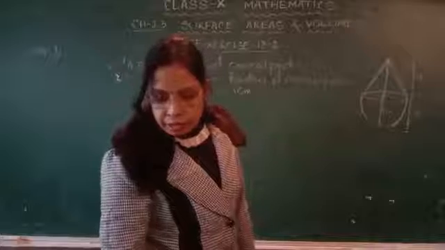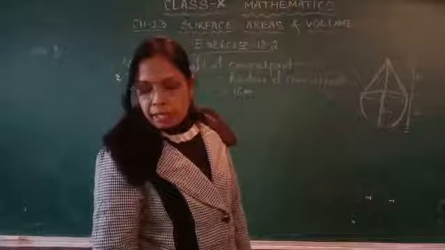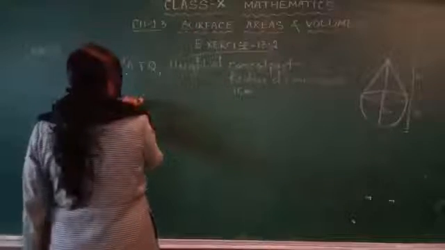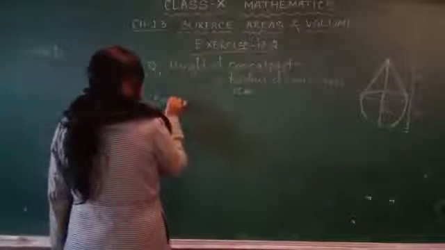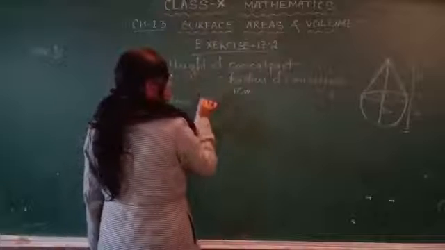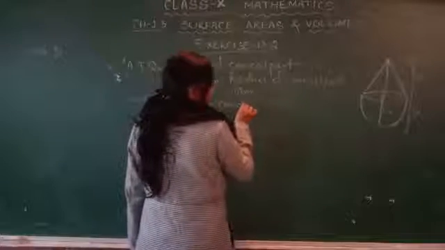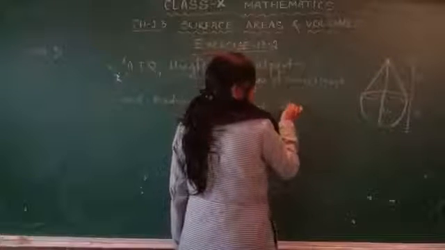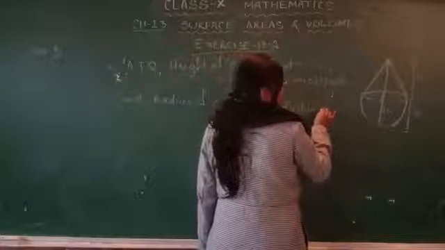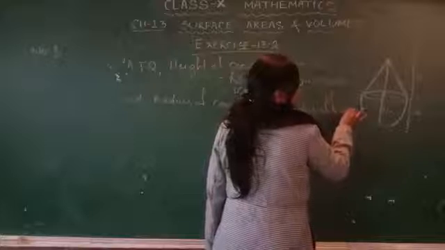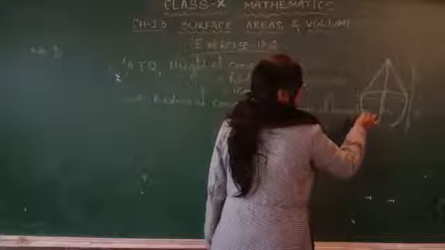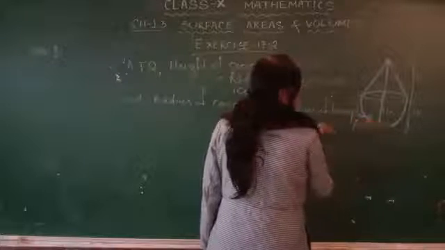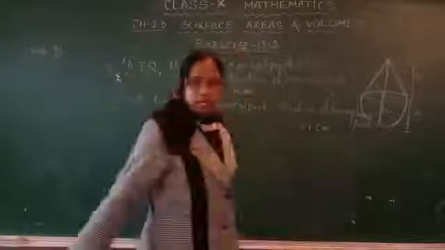Now the radius of the conical part is equal to the radius of the hemispherical part also. The radius of the conical part is also equal to the radius of the hemispherical part, that is also 1 centimeter.